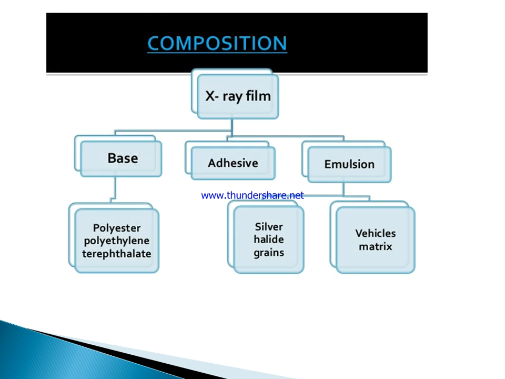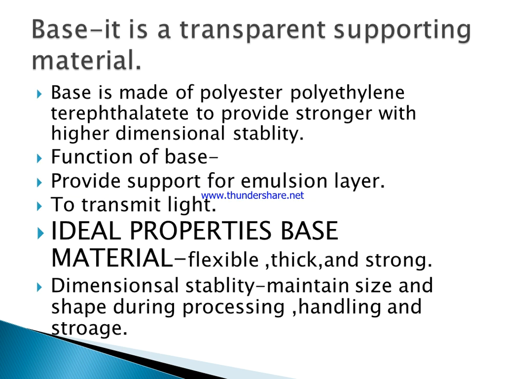In the case of the base, it is made up of polyester, polyethylene or terephthalate. And in the case of emulsion, it is silver halide grains in a vehicle matrix. The base is a transparent supporting material made up of polyester, polyethylene terephthalate.